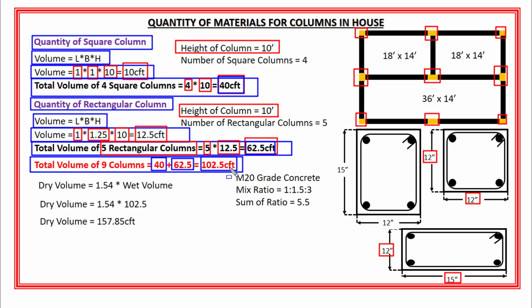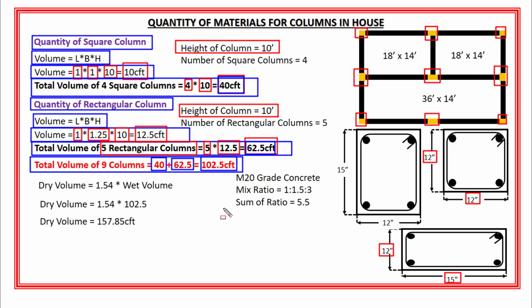Right? Now in order to calculate the quantity of cement, sand, aggregate and steel used in the construction of these 9 columns, I will need the dry volume of these 9 columns and also I will need the information about the grade of concrete as well.